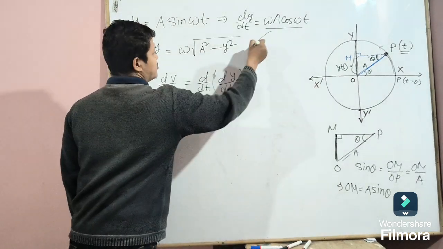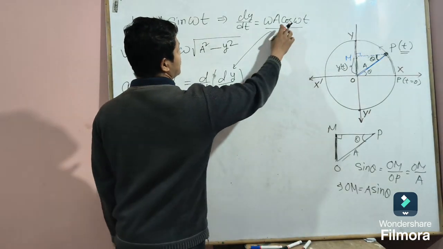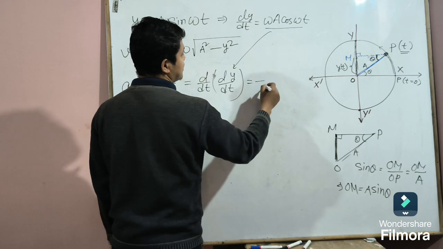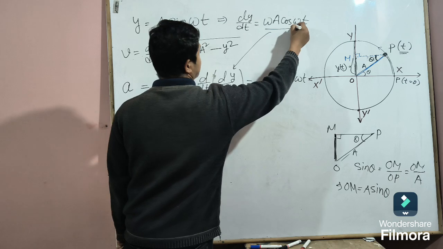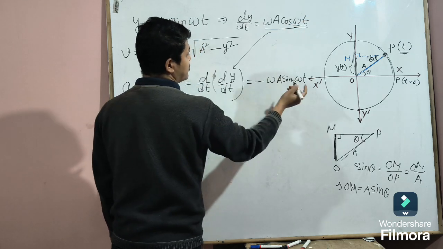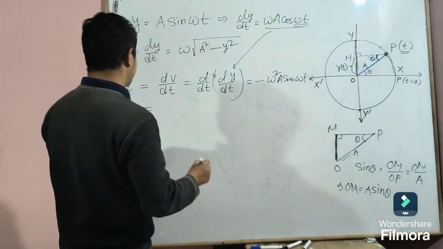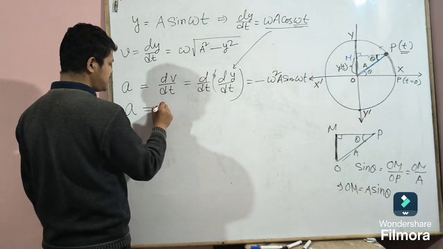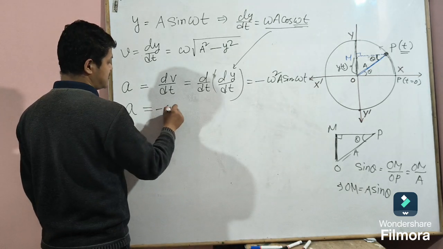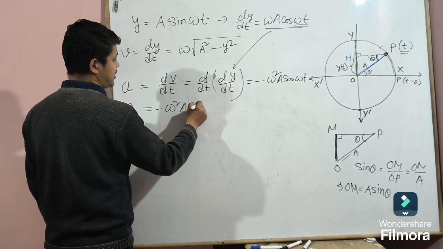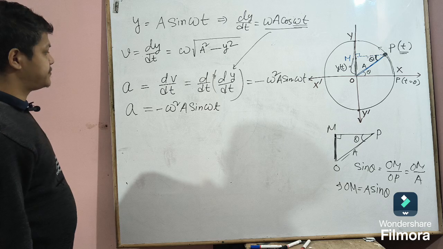So we know the derivative of cos is minus sine, so here we're going to get minus omega A sine omega t, and this is a function of a function. Again you have to differentiate this, then one more omega comes out, so it will be omega square. So what we have got, acceleration is equal to minus omega square A sine omega t. That is what we have got, right?